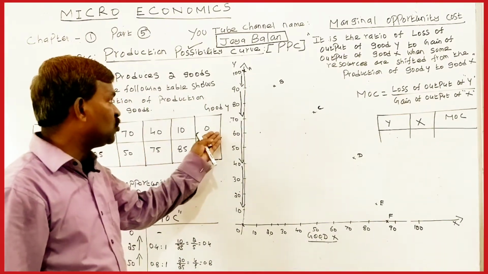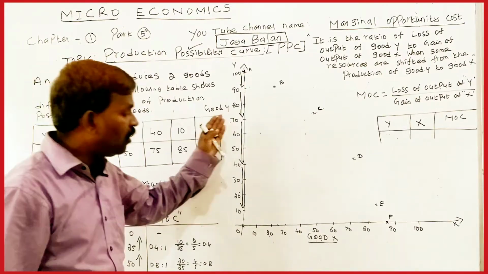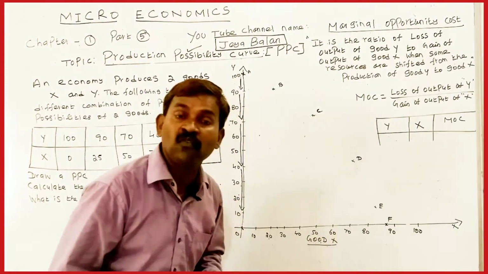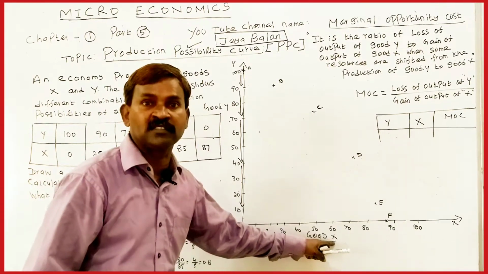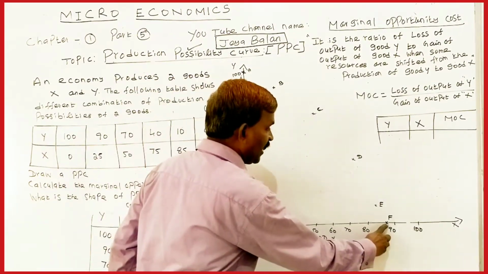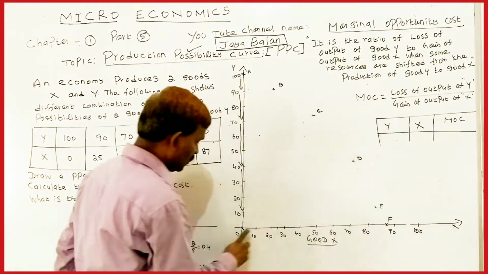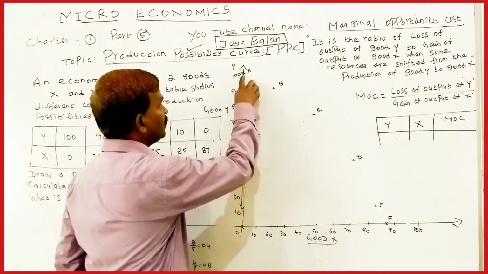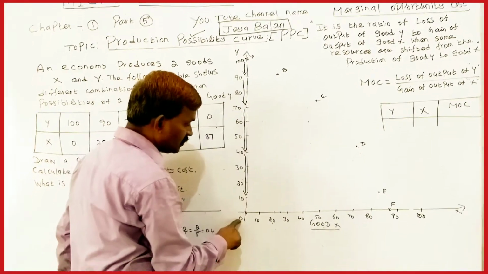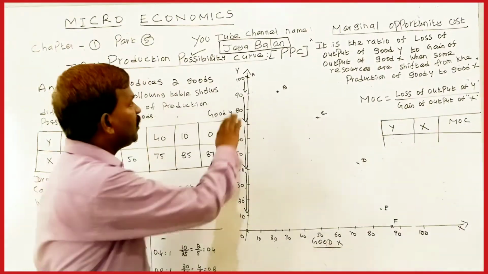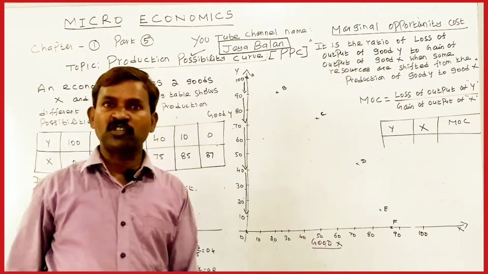No resources are used in the production of good Y. All the available resources are fully and efficiently utilized in the production of only good X. So this is one extreme: 87 units of good X and no unit of good Y. This is totally opposite to 100 units of good Y and 0 of good X. In between, these are the different combinations.